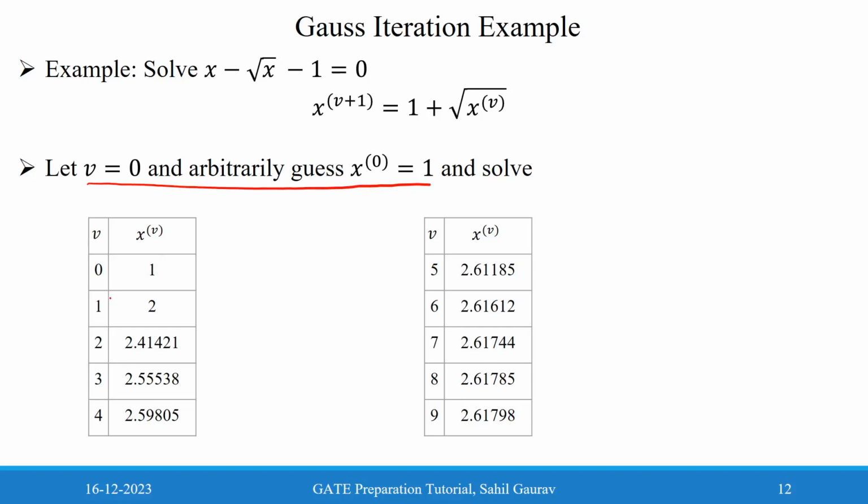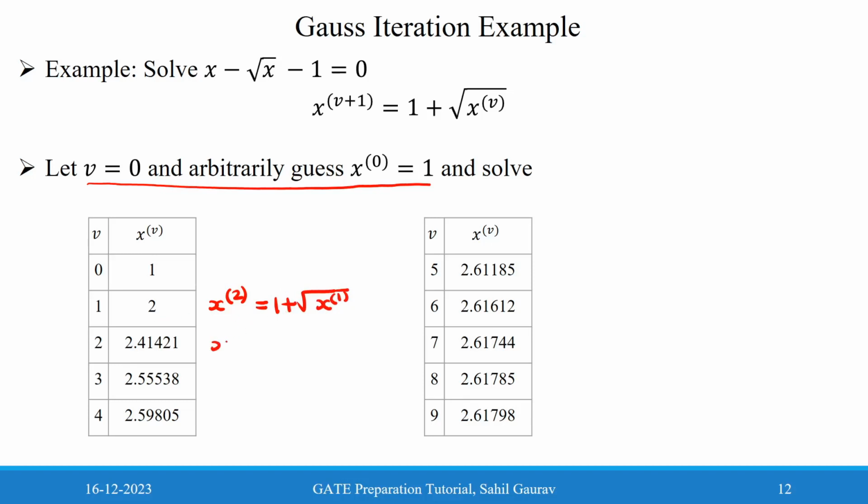Now if we take v is equal to 1, what will be the value of x2? x2 is equal to 1 plus root of x1. So x1 is 1, so again we will get 2.